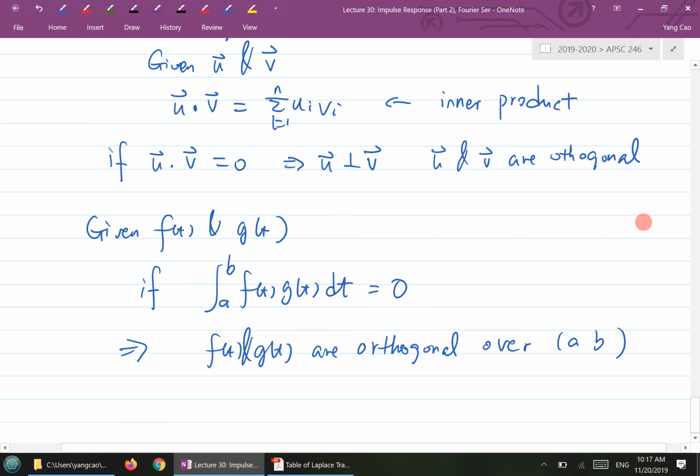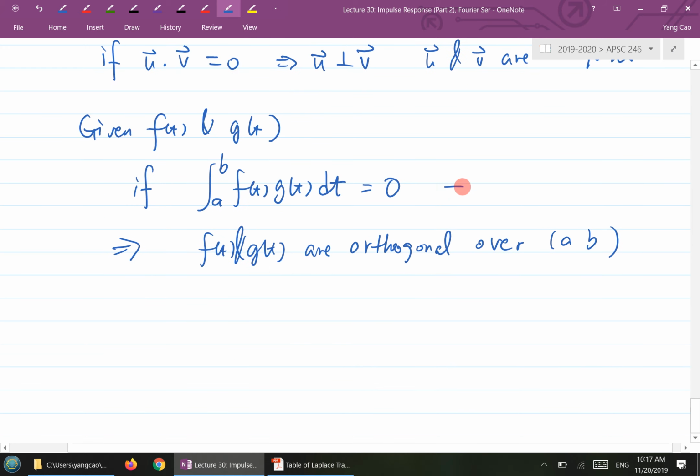So the concept of orthogonality can be transferred exactly to functions. Instead of vectors, we have the exact same idea for functions. If I consider f of t and g of t like two vectors, this quantity here is also called the inner product of the two functions.